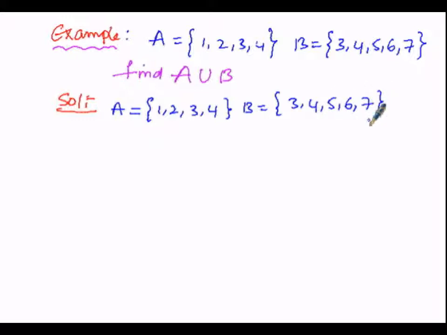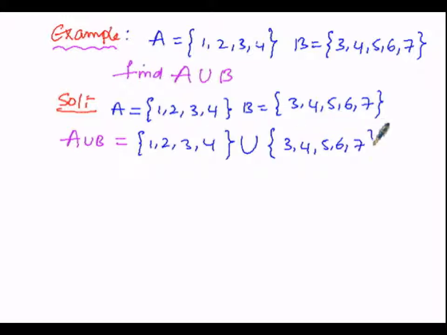Now we have to find A union B. First of all, the first set is A, whose elements are 1, 2, 3, 4, bracket close, then the union symbol in between, then set B elements are 3, 4, 5, 6, 7, bracket close.